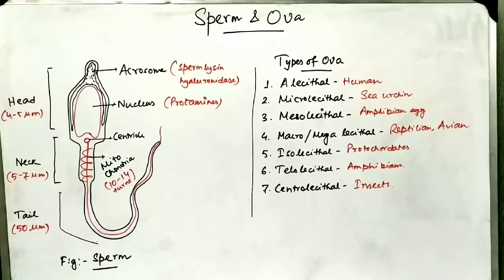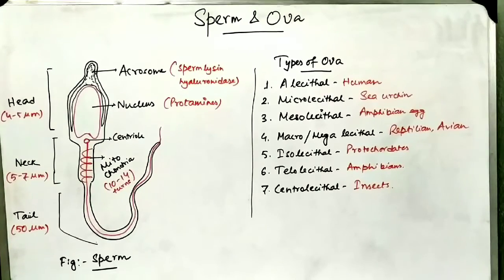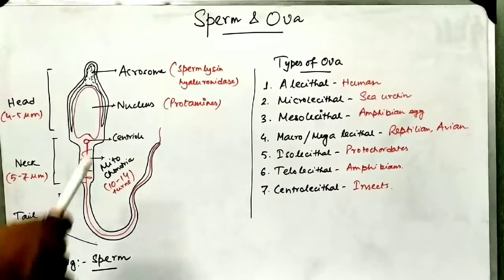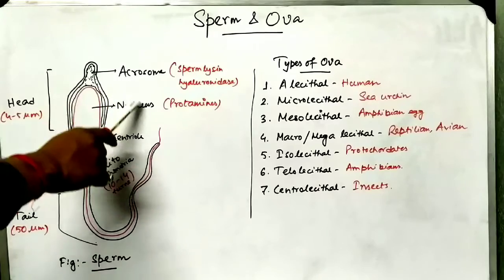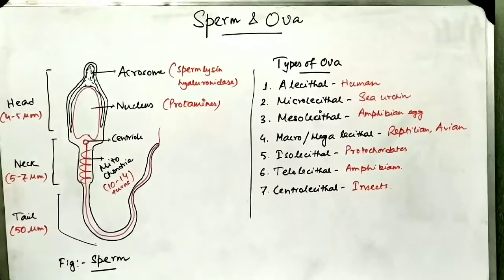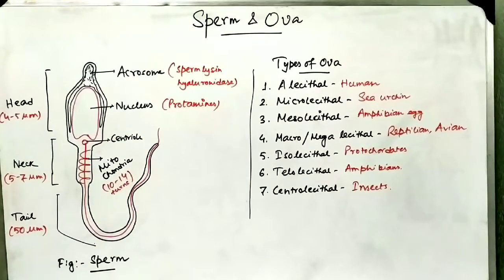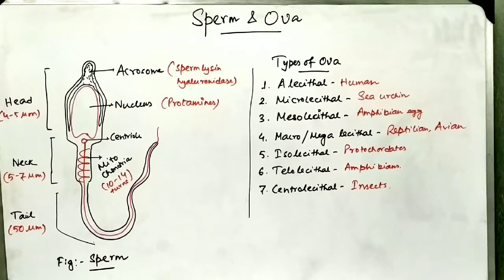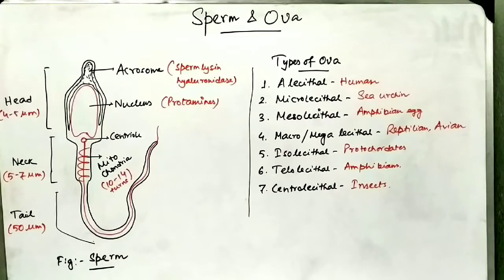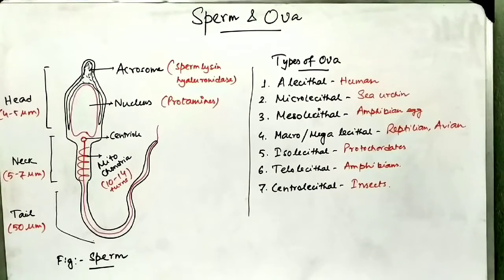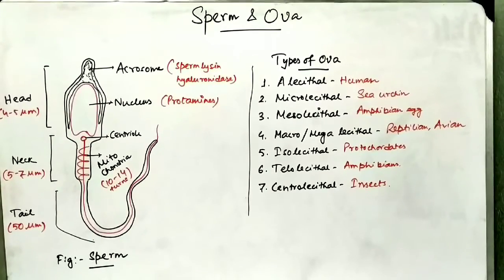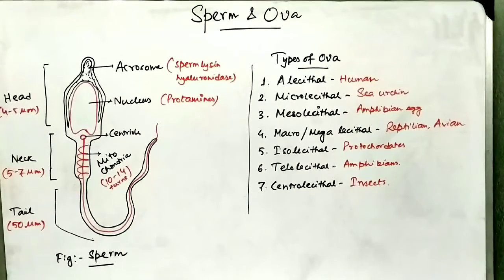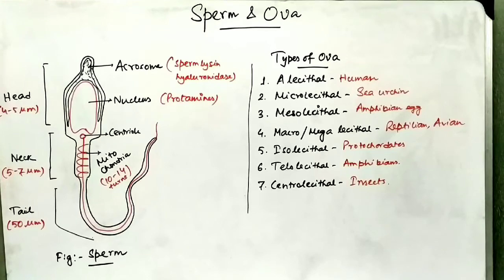In the head, the nucleus and a specialized structure known as the acrosome reside. This is the acrosome and this is the nucleus. The acrosome is nothing but a modified Golgi complex. The Golgi complex vesicles, tubules and cisternae all fuse with each other to form a bag-like structure at the front portion of the sperm.